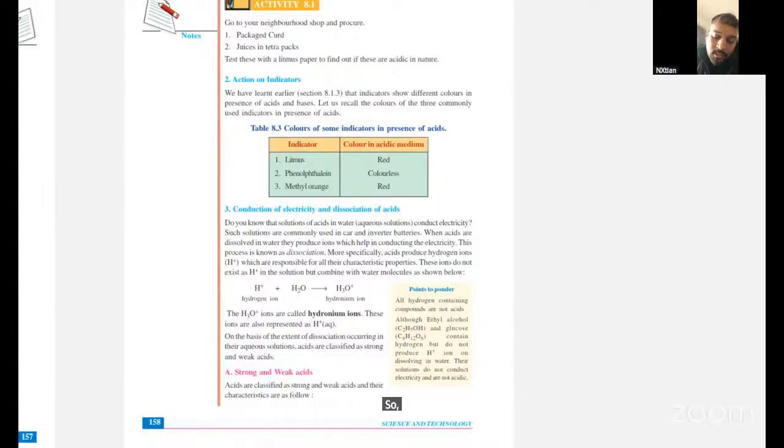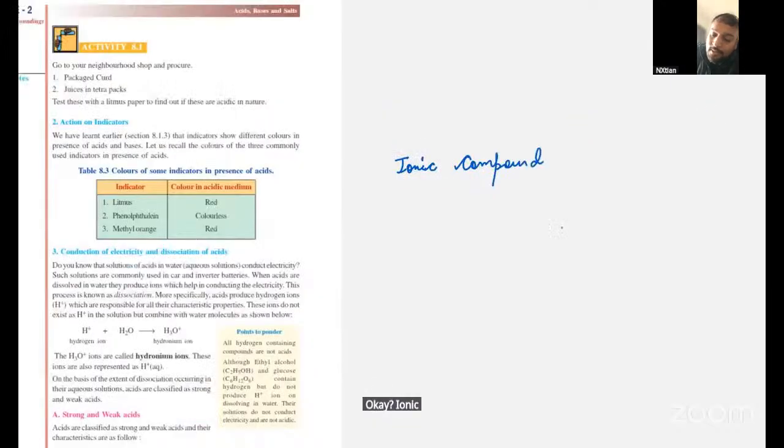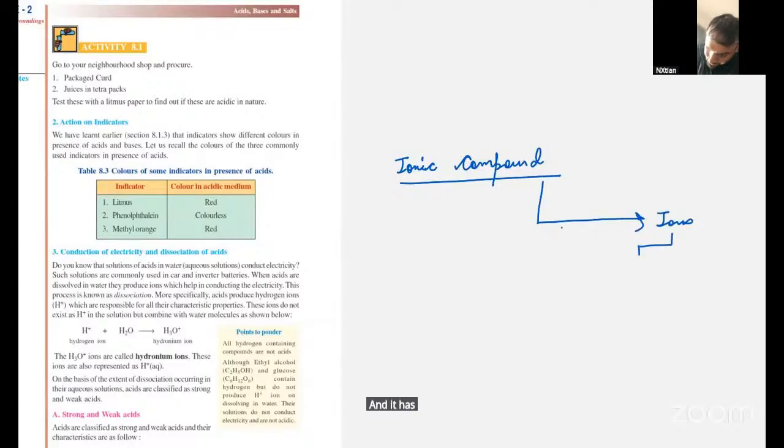So we learn that an ionic compound, not solution, an ionic compound releases ions, and it has two ions.